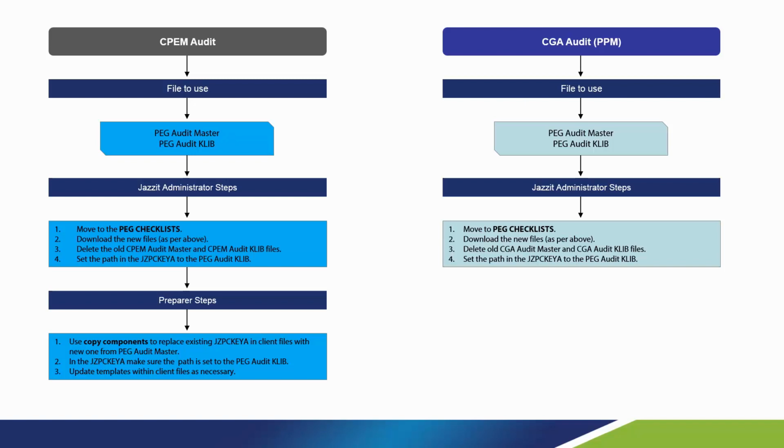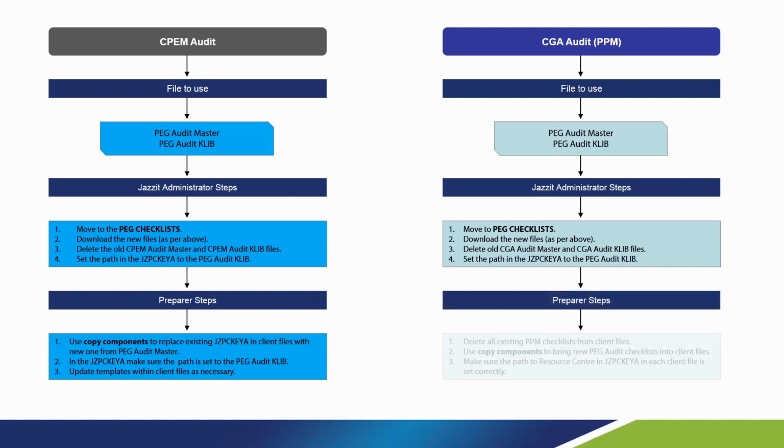The Jazzit administrator will delete the old PPM audit checklists and make sure that the JZPC key A control document in the PEG Audit Master file is connected to the PEG Audit Caleb.